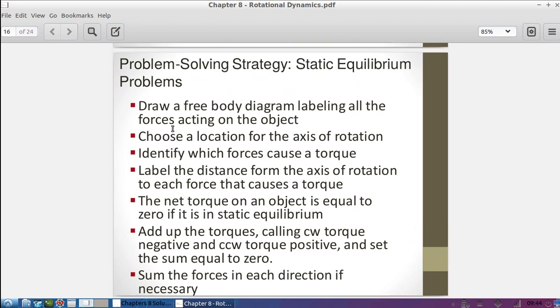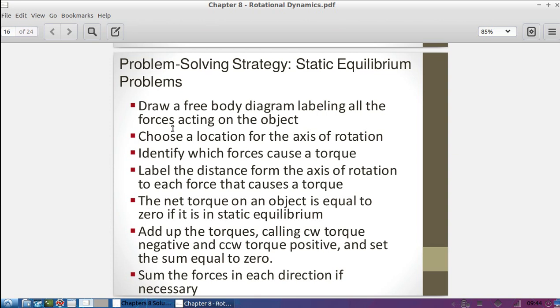So here's our strategy. Again, you'll see a lot of these steps are very similar to our problem-solving strategy for Chapter 4, but we've got to add a couple new steps because we're dealing with rotational dynamics now. So we start off drawing a free body diagram. Make sure we label all the forces acting on the object.